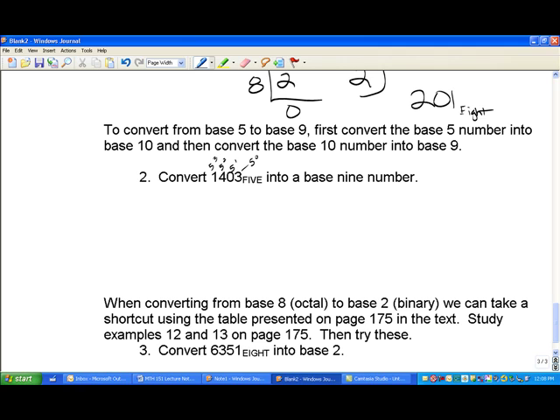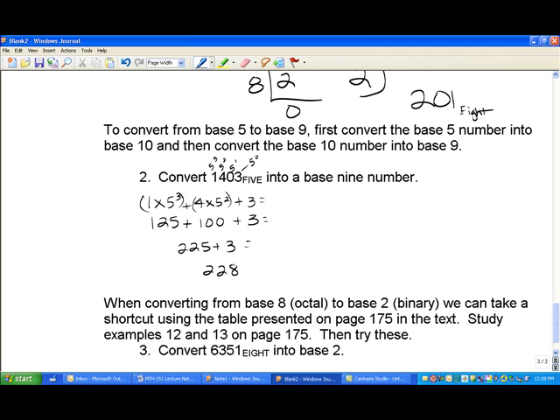So I'd have 1 times 5 cubed plus 4 times 5 squared plus 0 fives, so I'm not going to write that down, plus 3 ones. So that's 125 plus 4 times 25, which is 100, plus 3. That's going to give me 225 plus 3, and so that would give me 228.